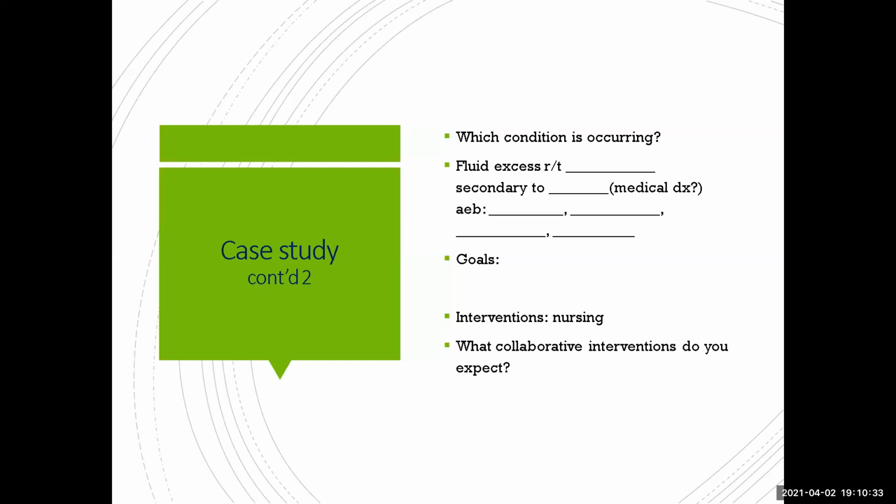Weights, yeah. So the collaborative intervention would be the medication. What medications would they give? Glucocorticoids, diuretics. Okay.